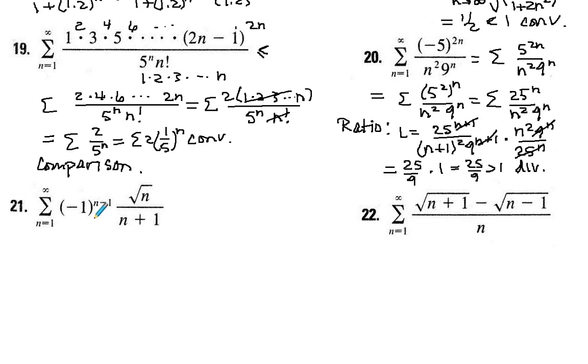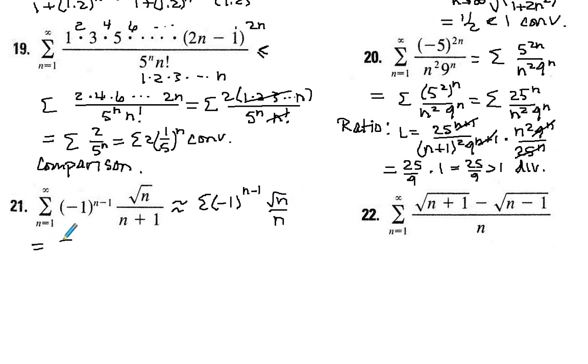All right, let's see here. Got another alternating series. Got a root n over n plus 1. So if we look at dominant terms, this is equal to the sum of -1 to the n minus 1, and then we'll do root n over n, which is n to the 1/2 power over n.